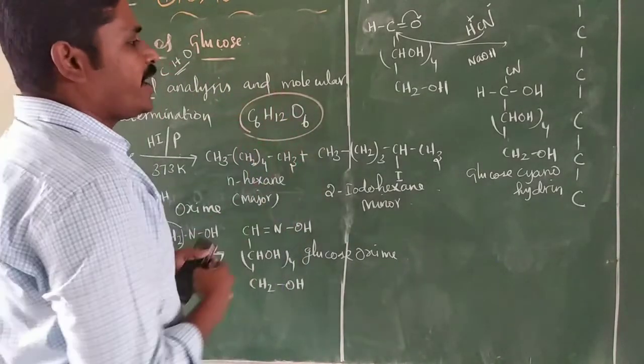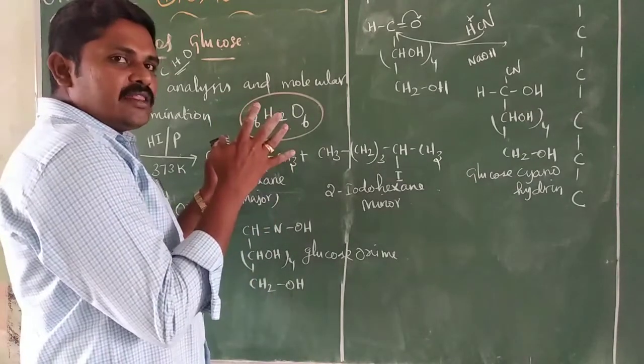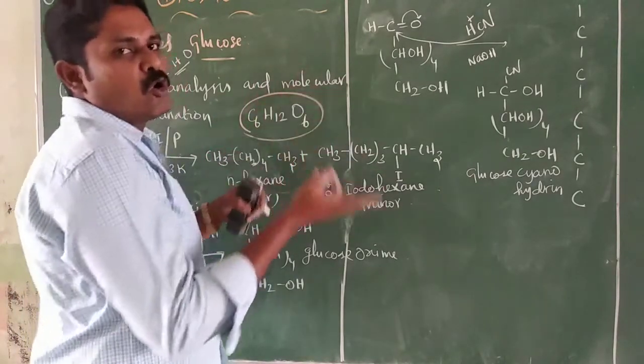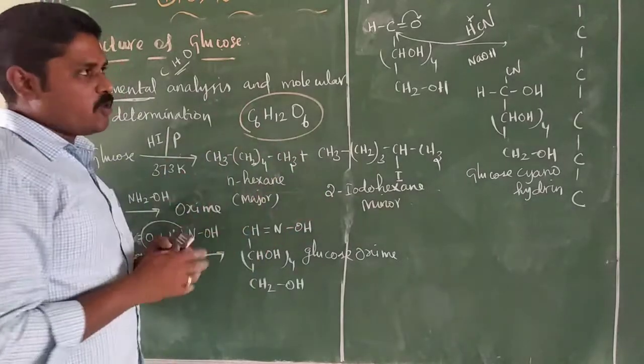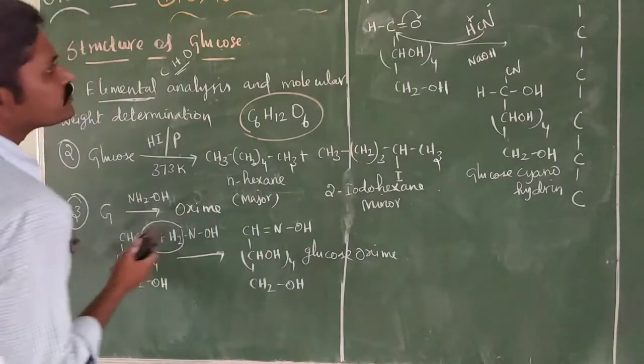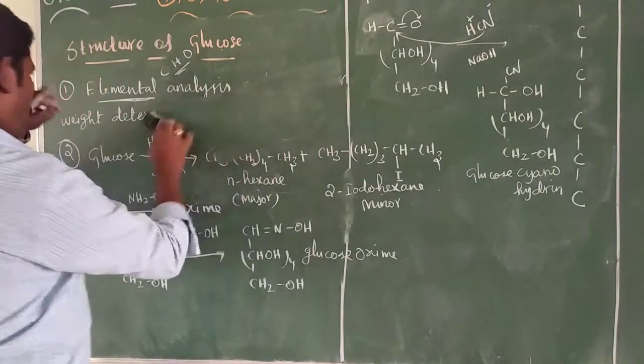The next point is to identify whether an aldehyde or keto group is present in glucose. Point number 4.